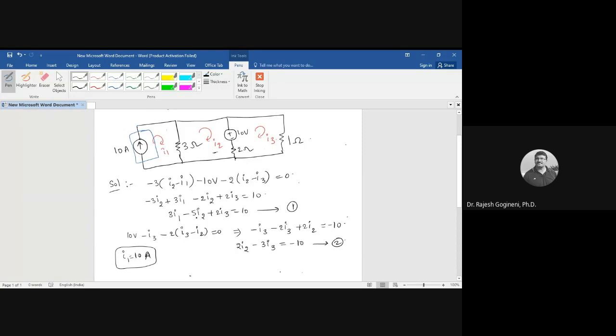So substitute the 10 in equation 1 here. Then we will have two equations with two unknowns, I2 and I3 only. If I1 is 10 amperes, then from the first equation, 30 minus 5I2 plus 2I3 is equal to 10.